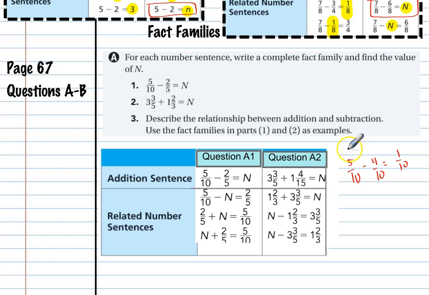So for question A1, we get 1/10, and then for question A2, we'll make this times 3 times 3. So 3 and 9/15 plus 1 and 4/15 equals 4 and 13/15 for A2.